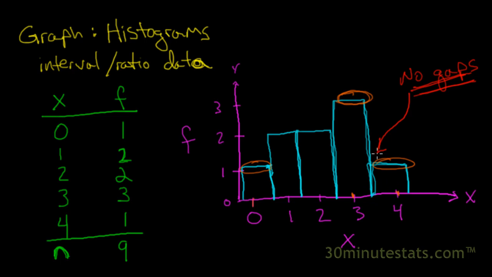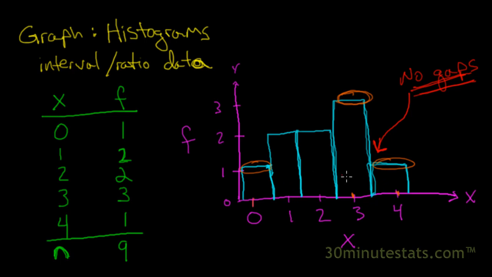It seems to be convention that when you draw a histogram, because the idea is that this variable x, the underlying distribution ranges from 0 to 4, and it could, in theory, probably be any value in here. It could be 0.5, 1.5, 2.3, 3.4, whatever, between 0 and 4, that there shouldn't be any gaps between these bars.